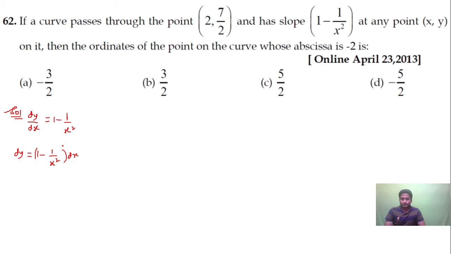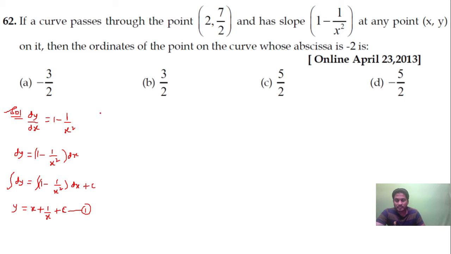Now if I integrate, the integration of dy is equal to the integration of 1 minus 1 by x square dx plus c. The integration of dy is y, the integration of dx is x, the integration of 1 by x square is minus 1 by x, and plus c.